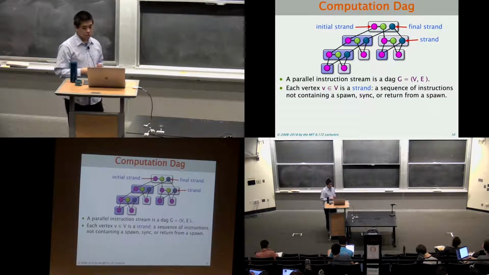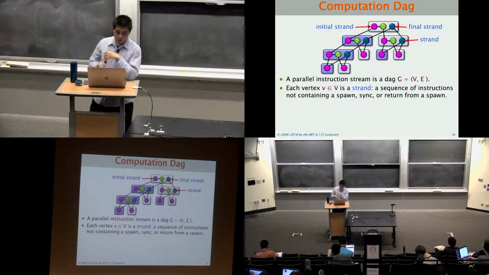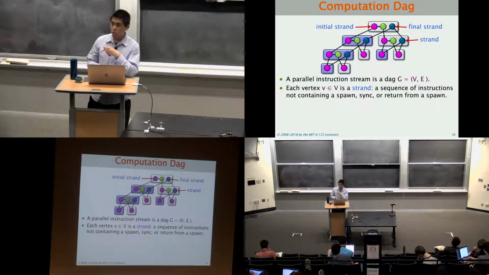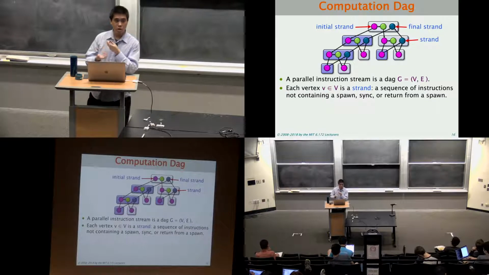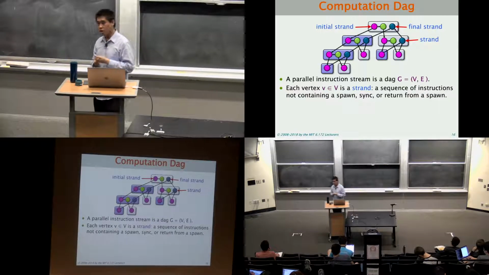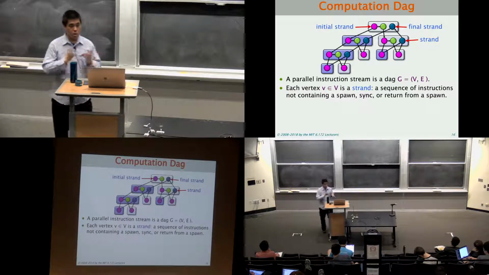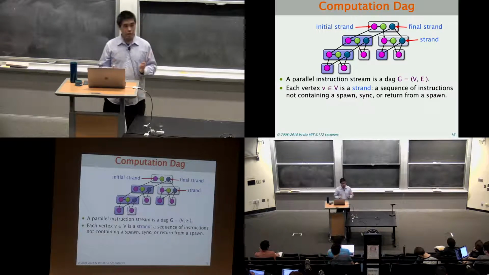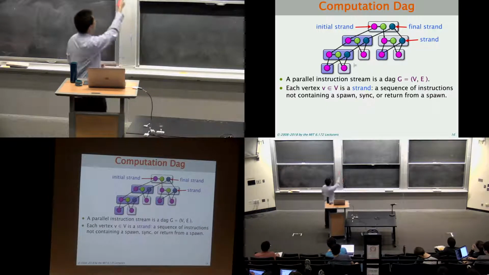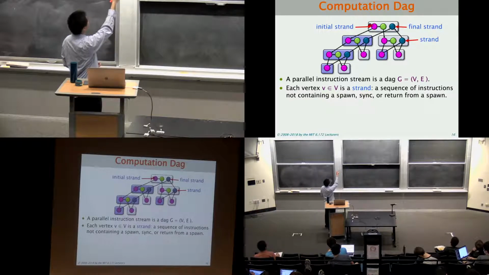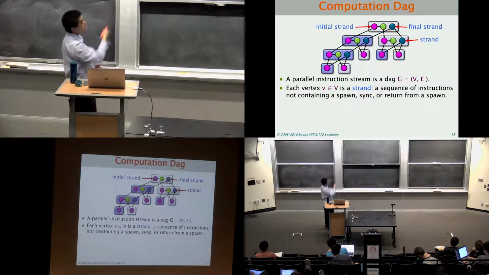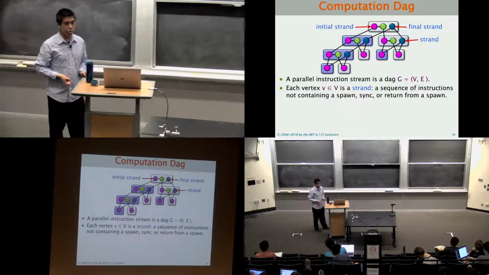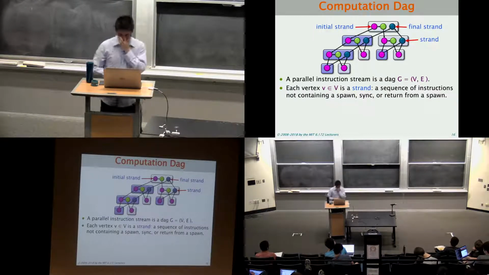A strand is a sequence of instructions not containing a spawn, a sync, or a return from a spawn. So the instructions inside a strand are executed sequentially. There's no parallelism within a strand. We call the first strand the initial strand, which is the magenta node up here. The last strand we call the final strand, and everything else we just call a strand.